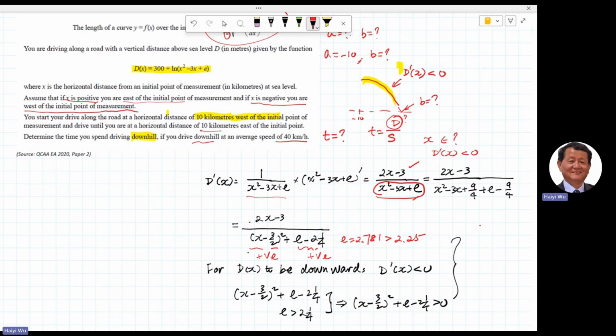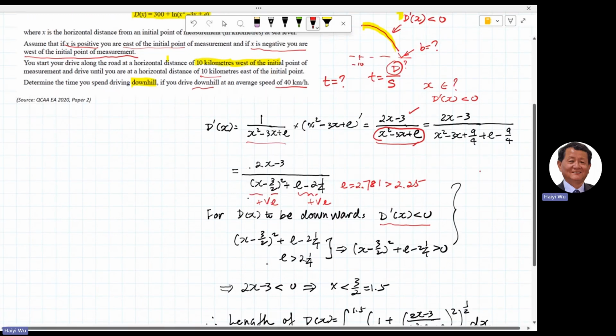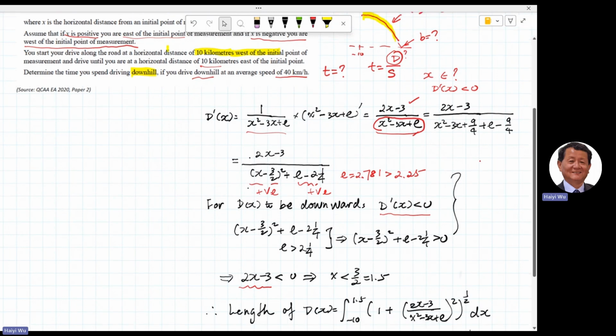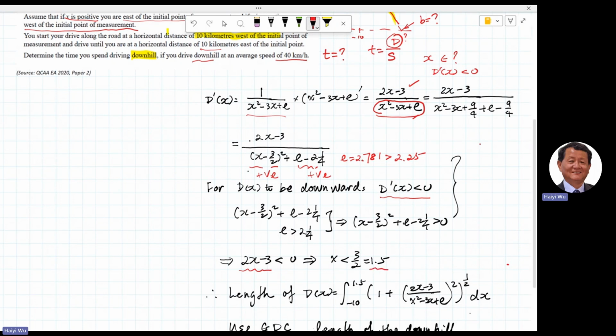Therefore, the denominator is positive. For the curve to be going downwards, the derivative must be negative. Because the denominator is positive, the numerator has to be negative. Therefore, x must be less than 1.5.